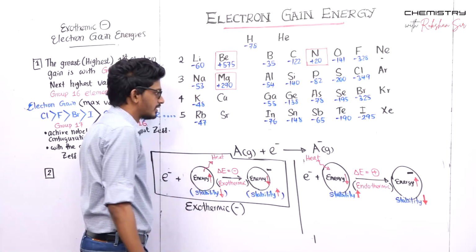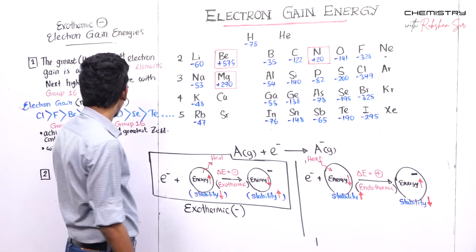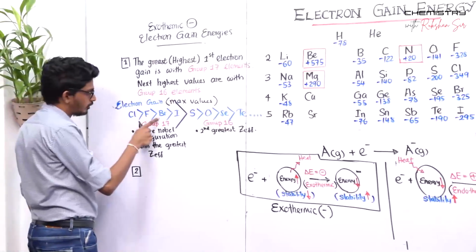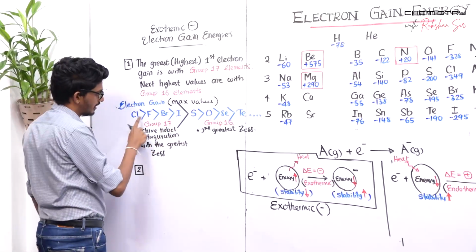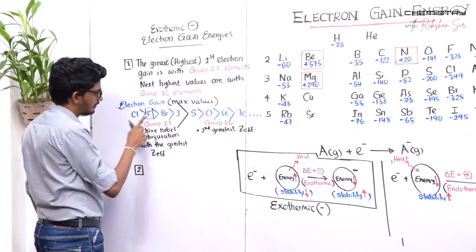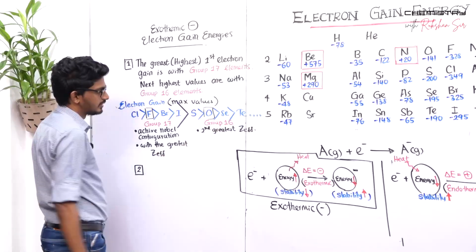That is normal stuff. We'll discuss why that is. So here also you see, when it comes to the third, fourth and fifth periods, the value decreases. You have some exceptions here, but normally the values are decreasing.